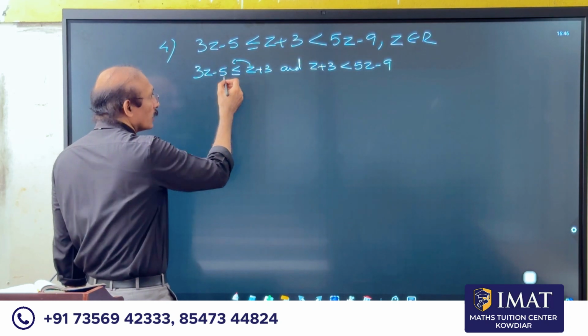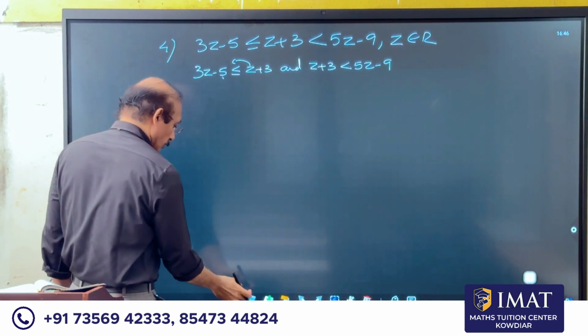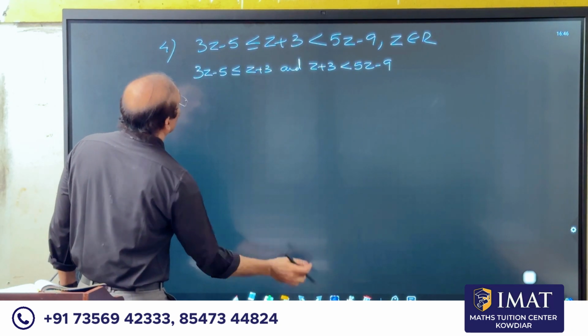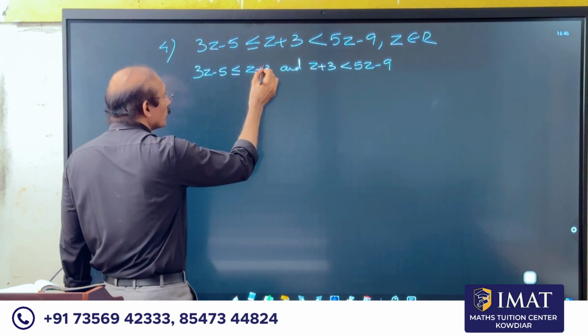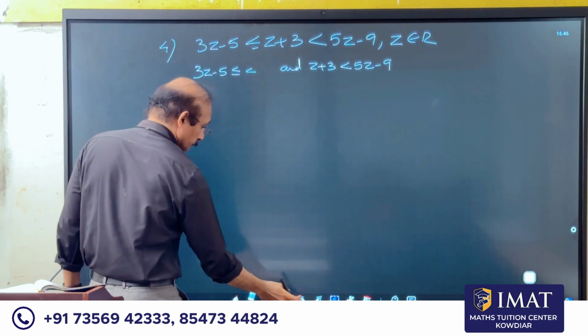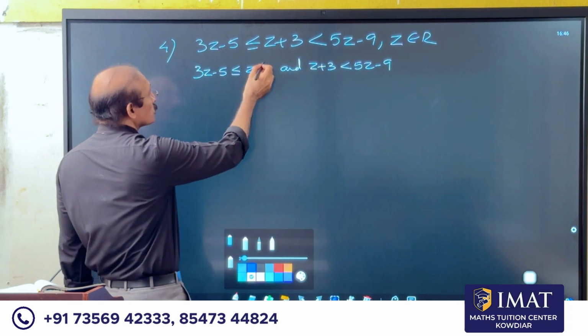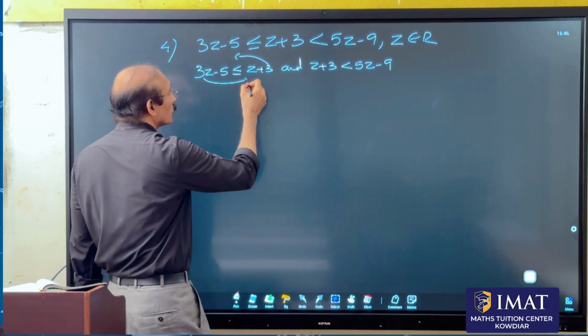Bring this variable to the left side. Not the variable. You take the constant to the left side and this variable to the right side.